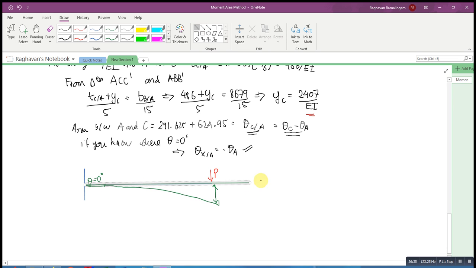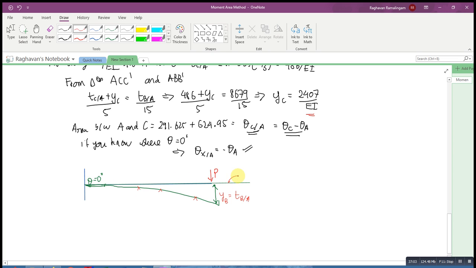You can draw the tangent from here, and once you do this, at every point of the deformed curve, say at B, the deflection is actually going to be equal to TBA, because at this location the tangent is in line with the reference line of the beam.